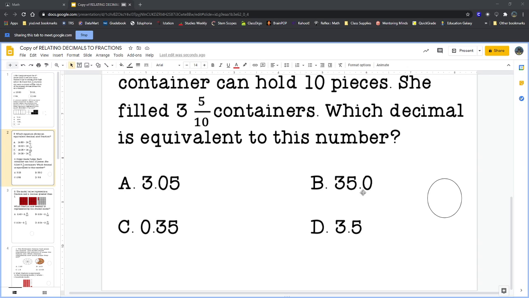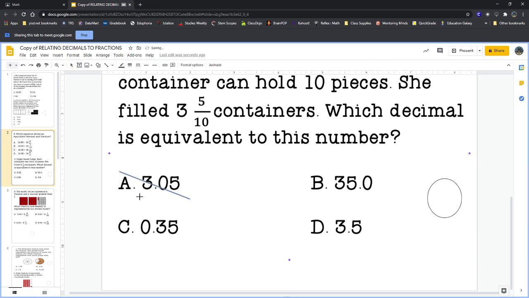B, same thing, decimal and a 10th place. So these are the ones that I want to keep. But A and C are using the 10th place and the 100th place. So I can get rid of A and I can get rid of C.